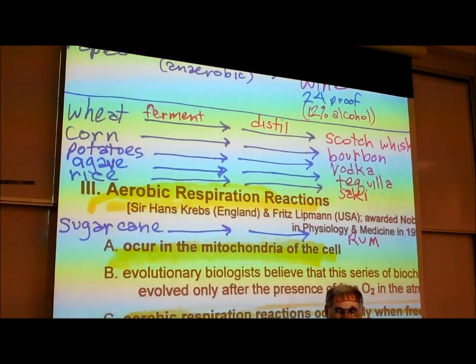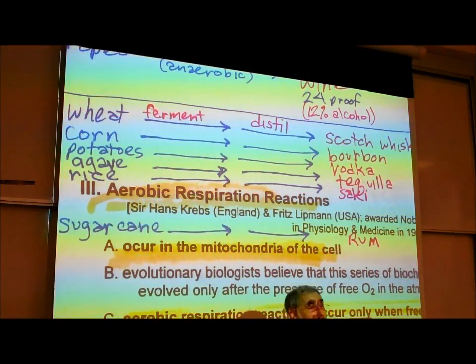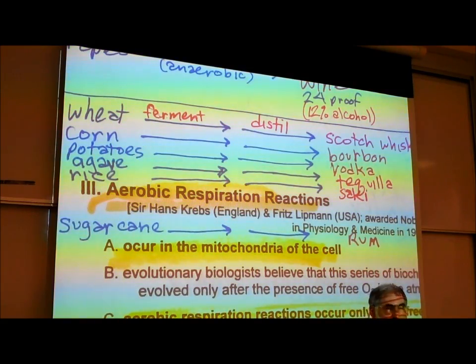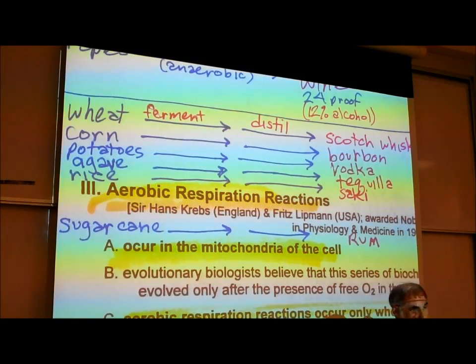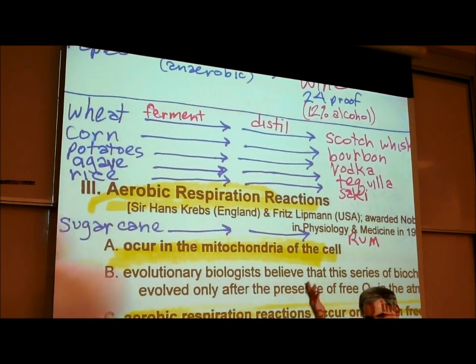Some of these, like rum, are typically 100 proof, 50% alcohol. I could go on and on. You can take plums, ferment and distill them, and you call it slivovitz. You can have apricots or peaches, and you get apricot or peach brandy. Anything with carbs in it can basically be fermented and distilled, and it creates all these various types of alcoholic drinks.